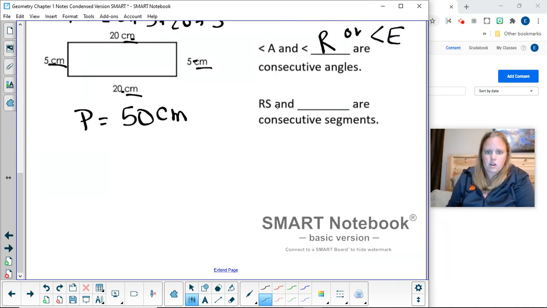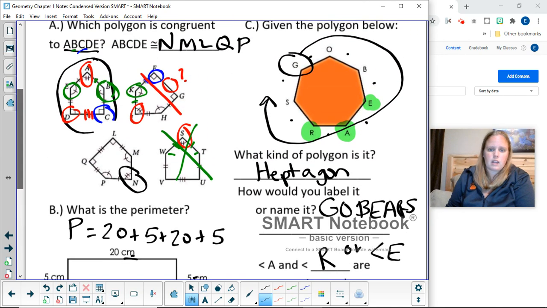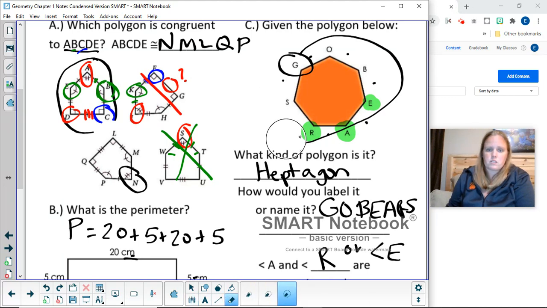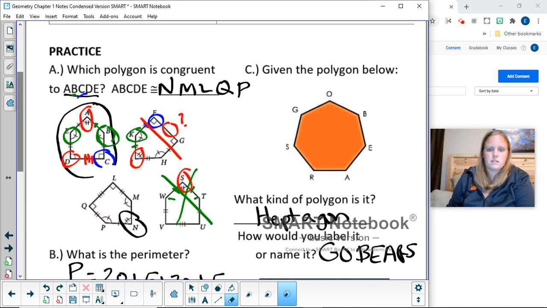All right, the last one, RS. Technically, that's a side, so we would usually have this segment bar above it. RS and blank are consecutive segments. So these would be segments that are next to each other or they are connected. So let's just clean this up a little bit here, and I'm going to choose the segment that they listed for us, which was RS.